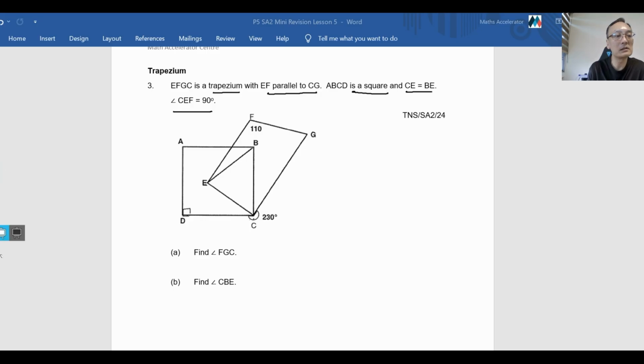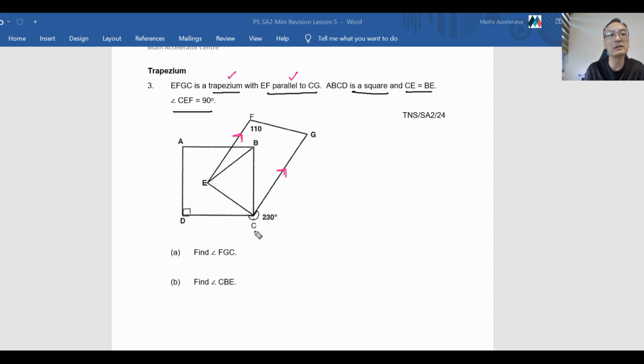So let's include some of the information from the question and see whether it's reflected in the figure below. So trapezium, all right, and then we have EF parallel to CG. EF is over here, CG is over here. This is the parallel lines.